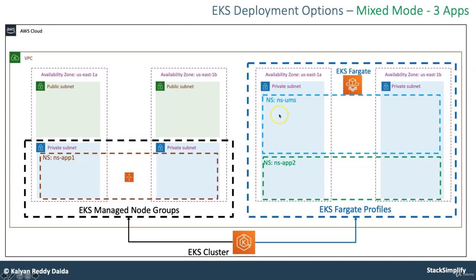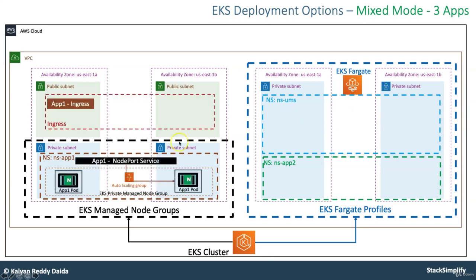These namespaces are not tied to anything specifically. But at a high level, if we have a namespace tied to a Fargate profile, those apps will be scheduled to that respective Fargate profile. Now if we take app1, the app1 related pods I have deployed on the EC2 worker nodes here, and it will have its own node port service and its own app1 ingress service.